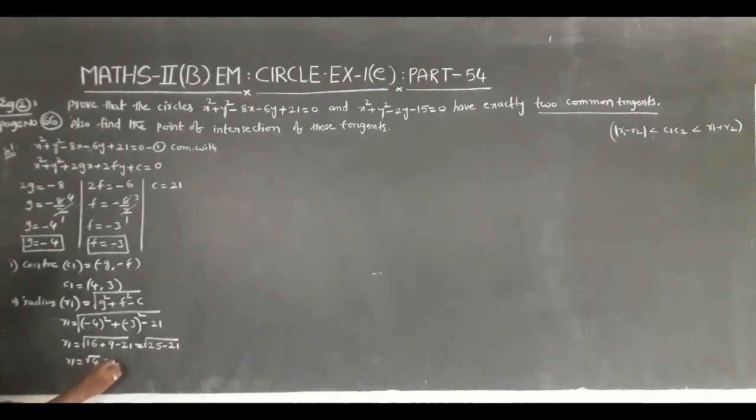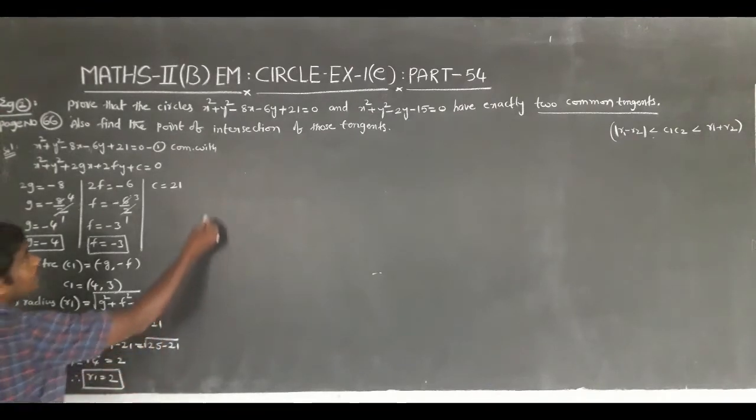Square root of 4 means 2. Therefore, r1 is equal to 2. This is the radius of the first circle.